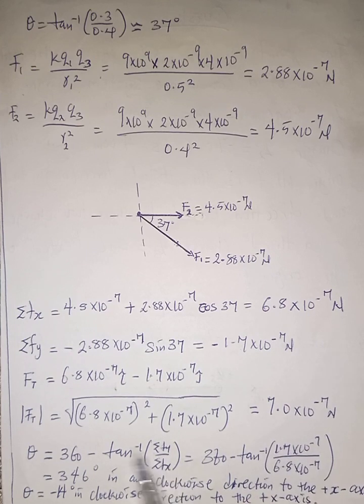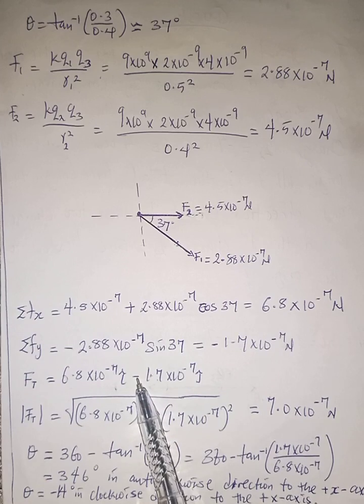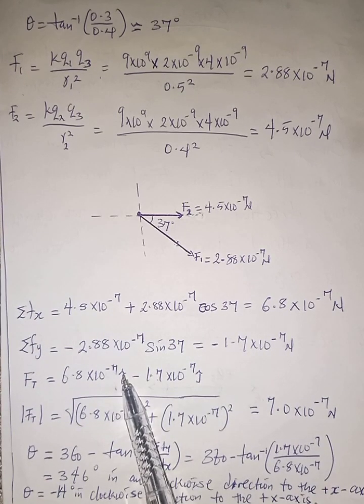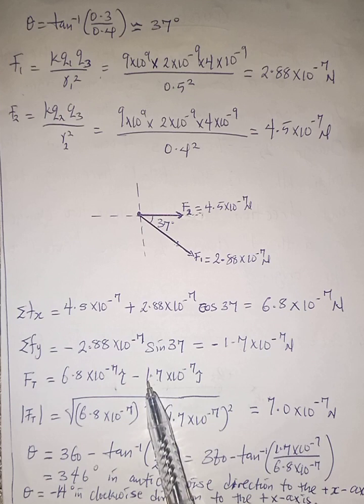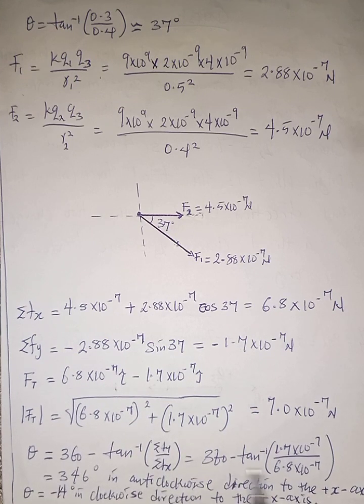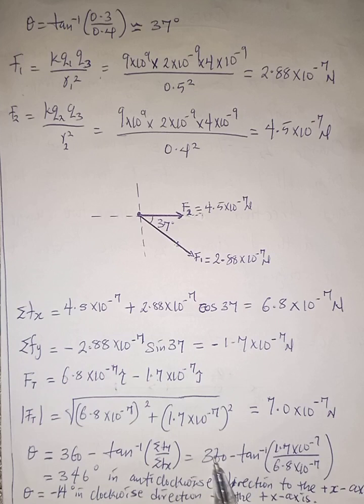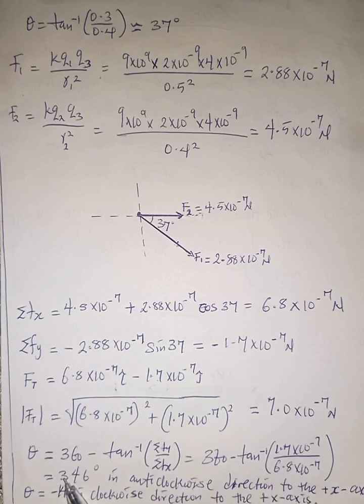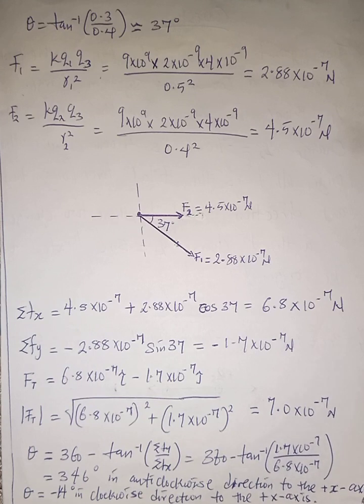I did something like this when I was doing complex numbers before. If your imaginary part is negative but the real part is positive, you take 360 minus tan inverse of b over a. So if you follow this class, this will not be a problem. So the direction to the positive x-axis is 360 minus tan inverse of the y component over the x component, which gives 346 degrees anti-clockwise.